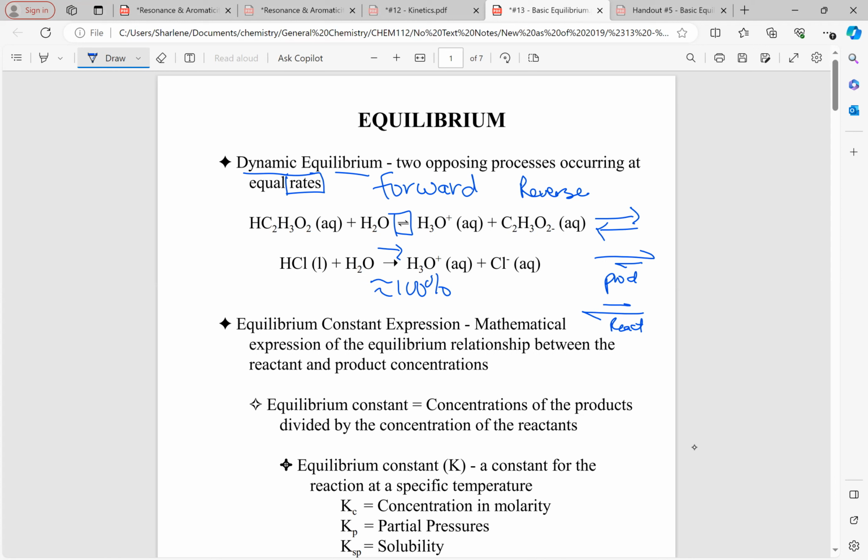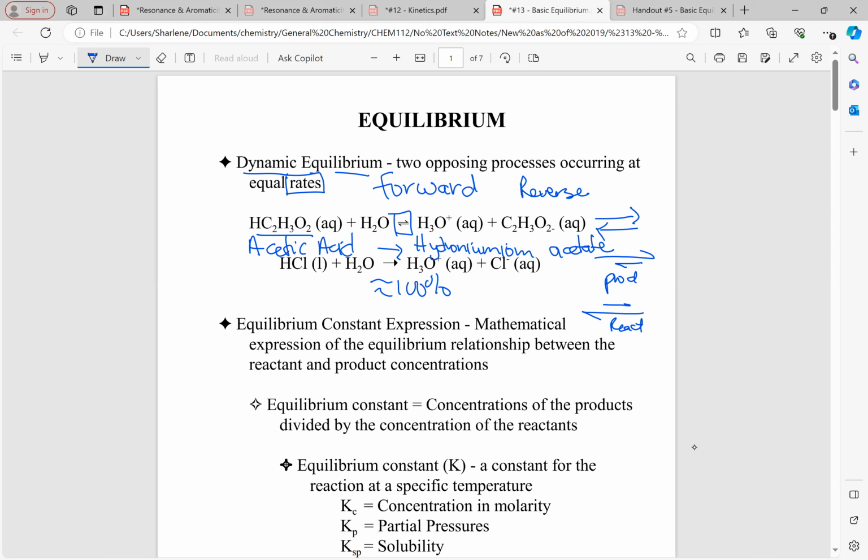We're going to be using a lot of acids and bases in the future, and it's one of the easiest to show you. So this is vinegar, acetic acid. Acetic acid, we know, will react with water and make the hydronium ion and the conjugate base called acetate. But here's the beauty of that.